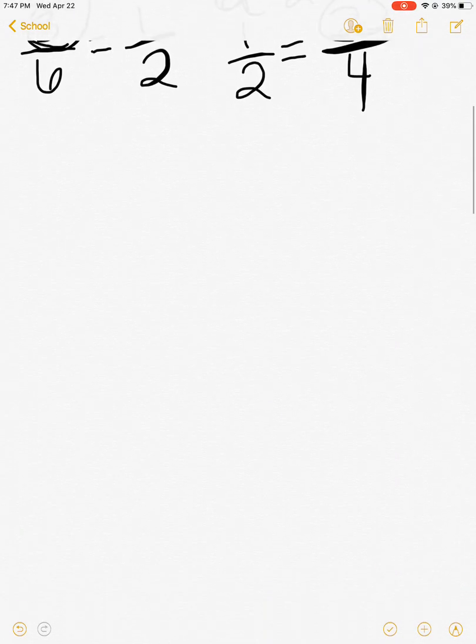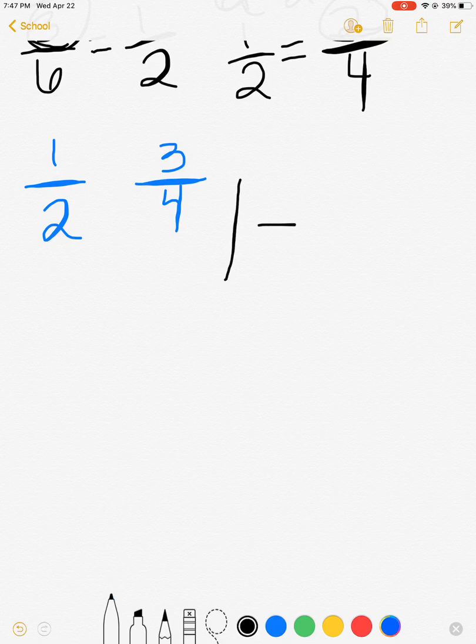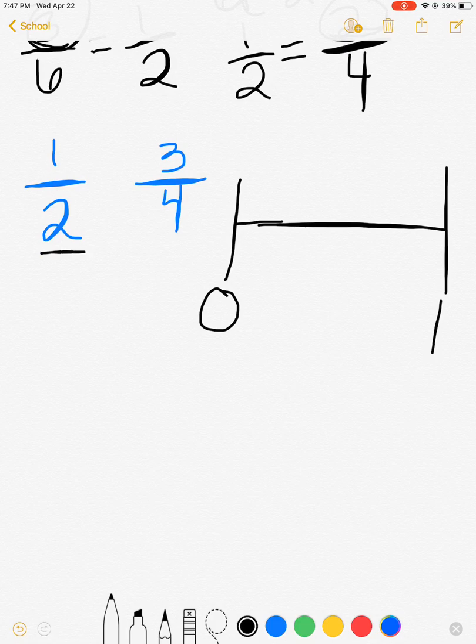Let's list a few more ways that we can compare fractions. If I were to compare fractions, we could compare them on a number line. Let's use the fractions 1/2 and 3/4. Let's draw 1/2 on a number line. So label your number line. We need to divide it into 2 parts. Here is 1/2.